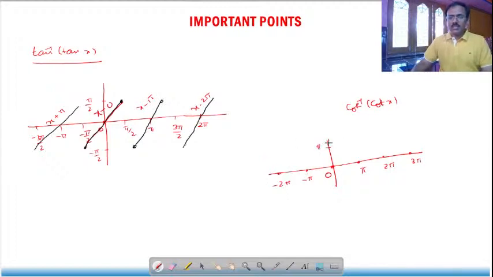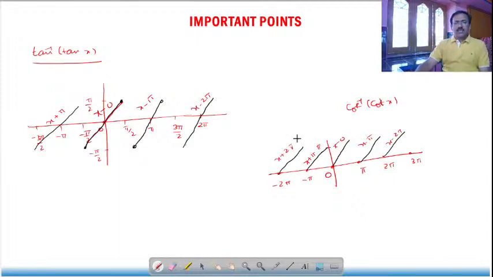You just plot, friends, and you get the same kind of graph, but only a single branch. Then second, third, only the same kind of graph, but the location is different. Now you can name them easily. This is x minus 0, x minus pi, x minus 2 pi. This is x plus pi, x plus 2 pi.